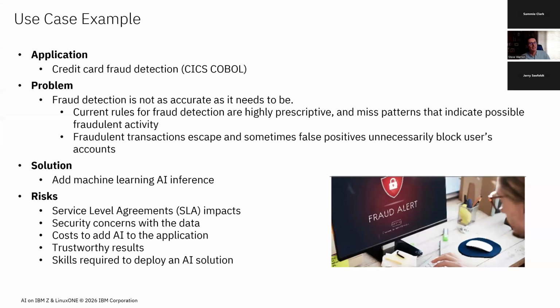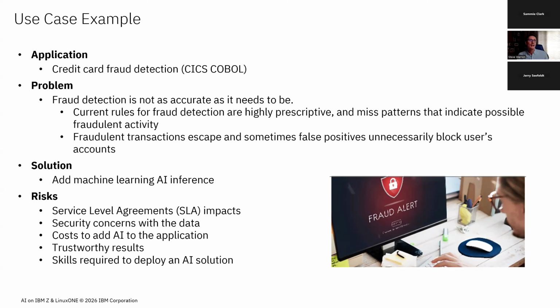And we're going to use a typical example because it's very easy to consume. Credit card fraud detection. My credit card application is running in CICS COBOL, right? And right now, my problem in my shop is that the fraud detection isn't as accurate as it needs to be. The rules are highly prescriptive. It misses patterns that indicate possible fraudulent activity, and fraudulent transactions escape and sometimes cause false positives that unnecessarily block the user's account.